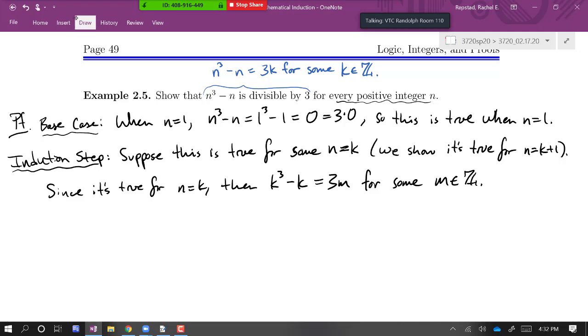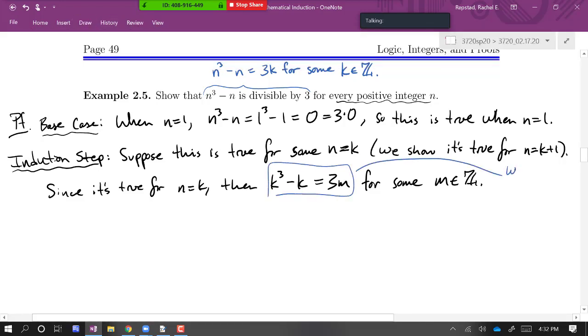So this we get for free. We can use it whenever we want. We want to show this is true for n equals k plus 1, so we've got to look at the left-hand side when n equals k plus 1.